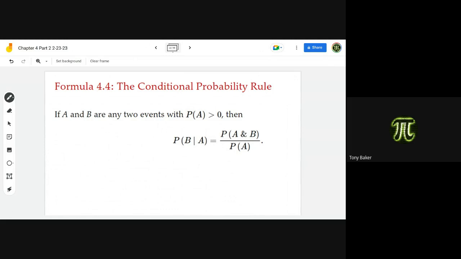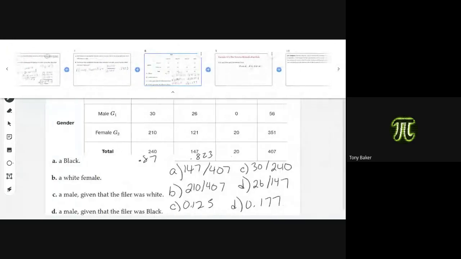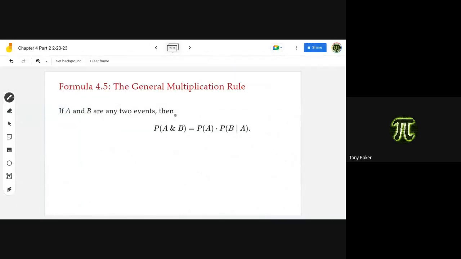We just multiply both sides by P of A, because we want the and. So to find the probability of two events being combined, we do P of A times the conditional probability of B given A.